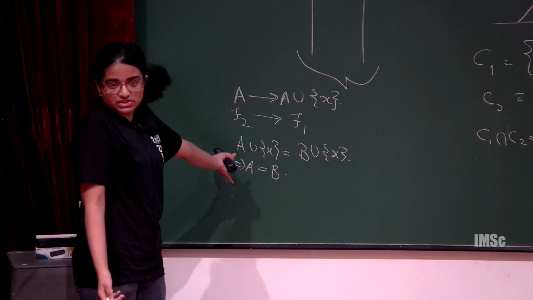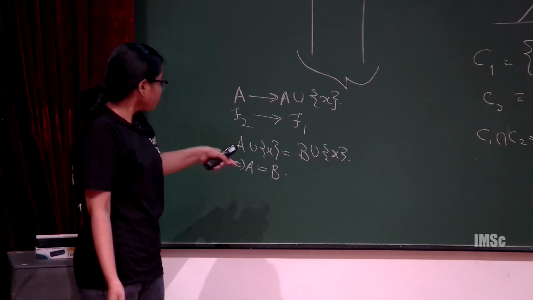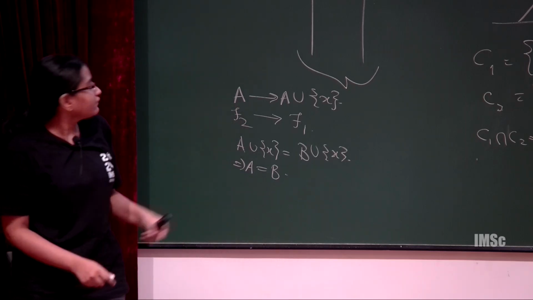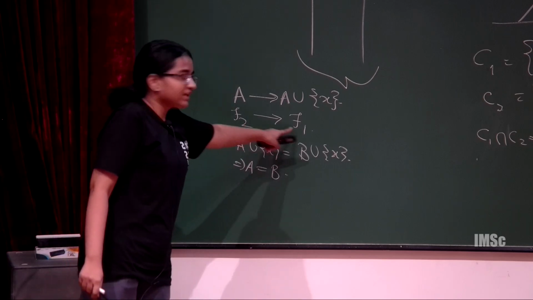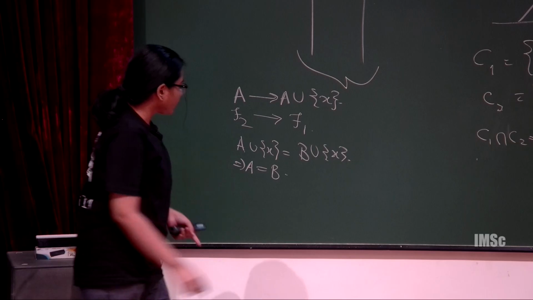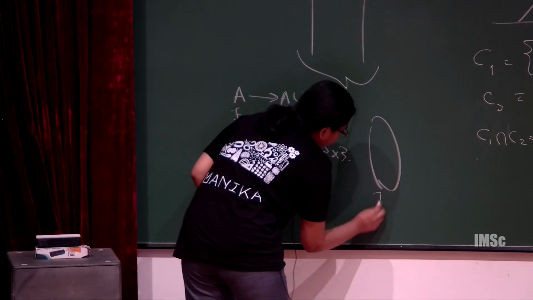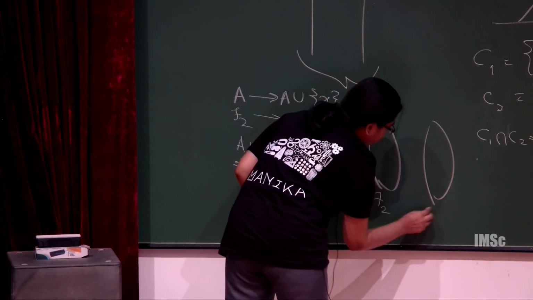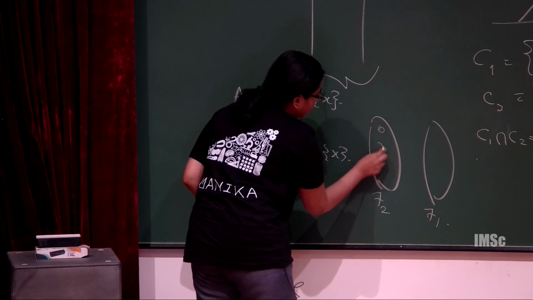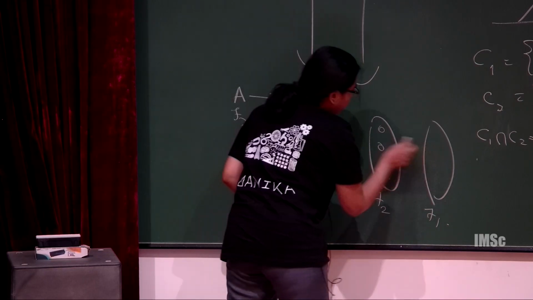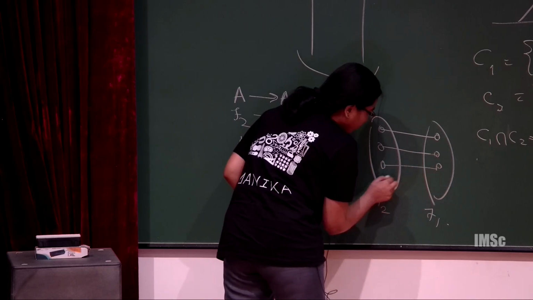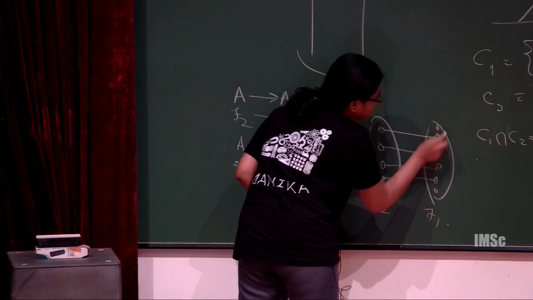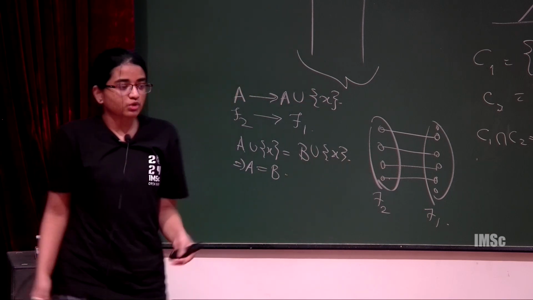So what I've said is that for every element in F2, there is an element in F1, right? So if this is my F2 and this is my F1, what I've said is that if I have these many elements here, then there are at least that many distinct elements here. There may be more, but at least there are that many. So what does that tell us?